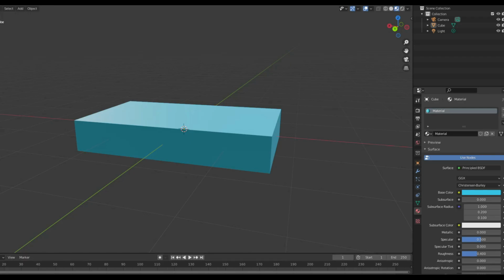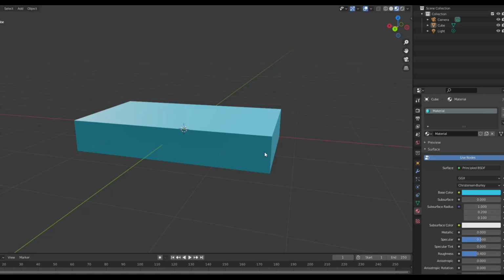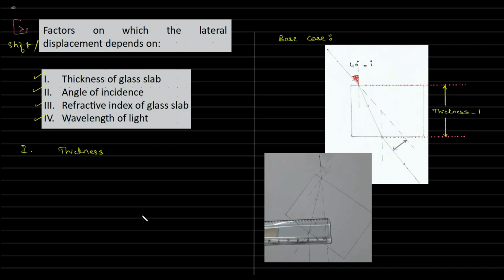But when we are talking about this particular experiment, the thickness means something altogether different. The height factor is not what we are considering. We could have done that actually, but we are doing something else. Here we are keeping the glass slab in this way, putting our pins over here or over here and trying to observe the lateral shift at the other end.